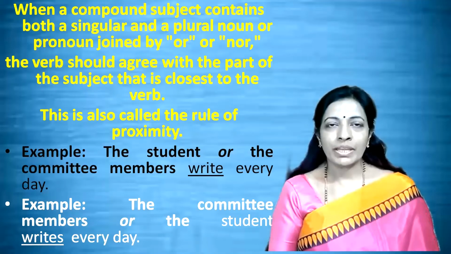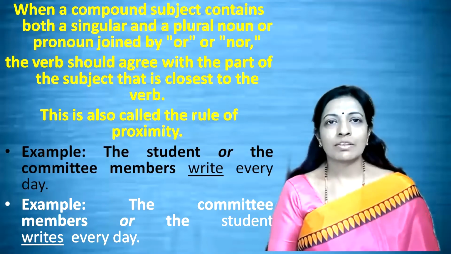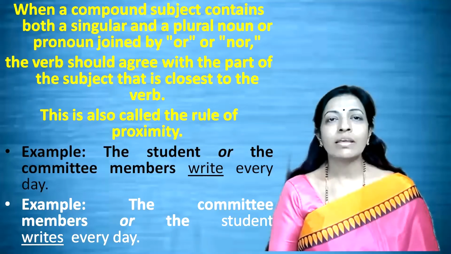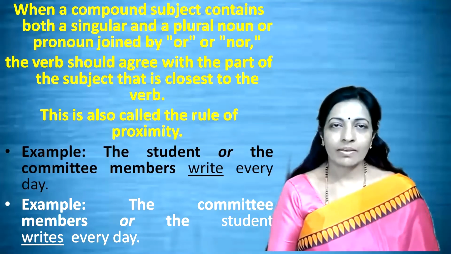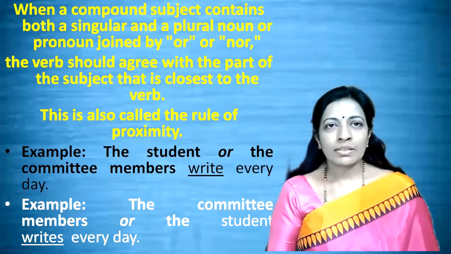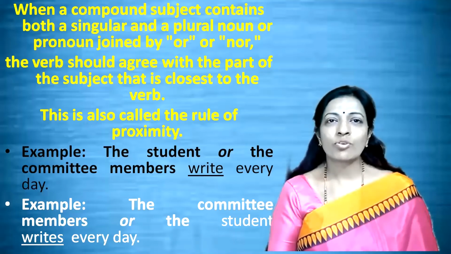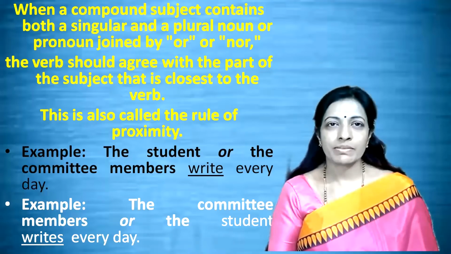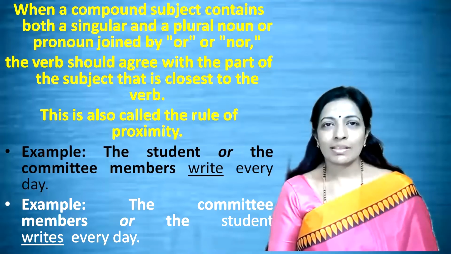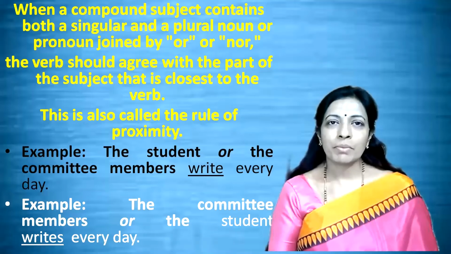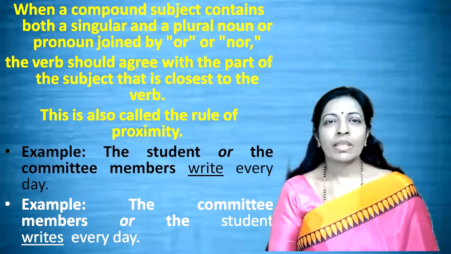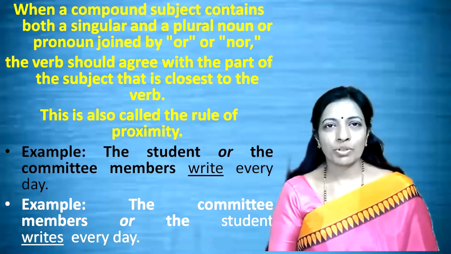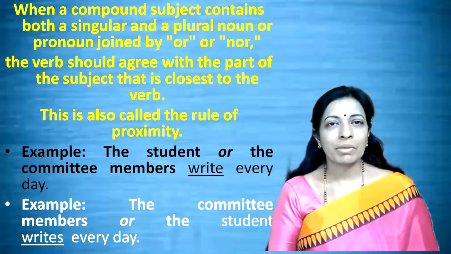Here we find that the subject is the student or the committee members and the verb is write. Now, this subject consists of two nouns, the student and the committee members. The student is singular, the committee members is plural. Now, the nearest noun to the verb here is the committee members, which is plural.